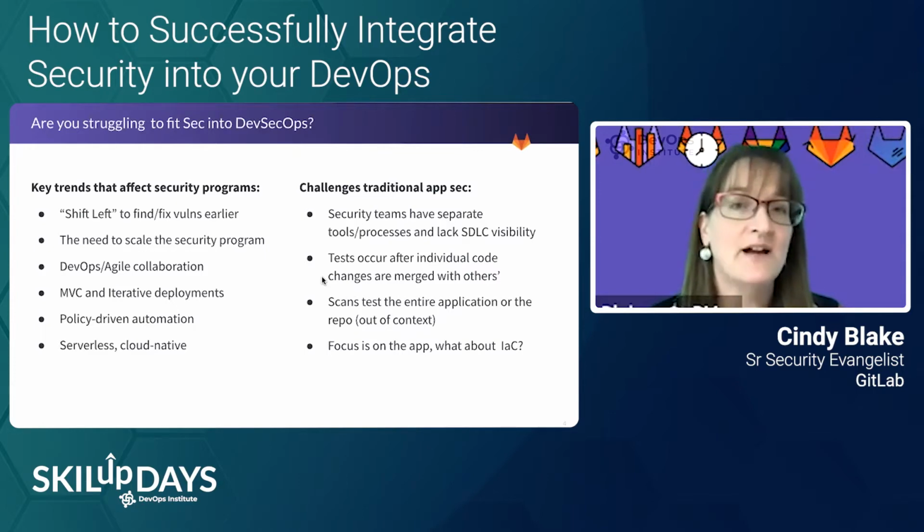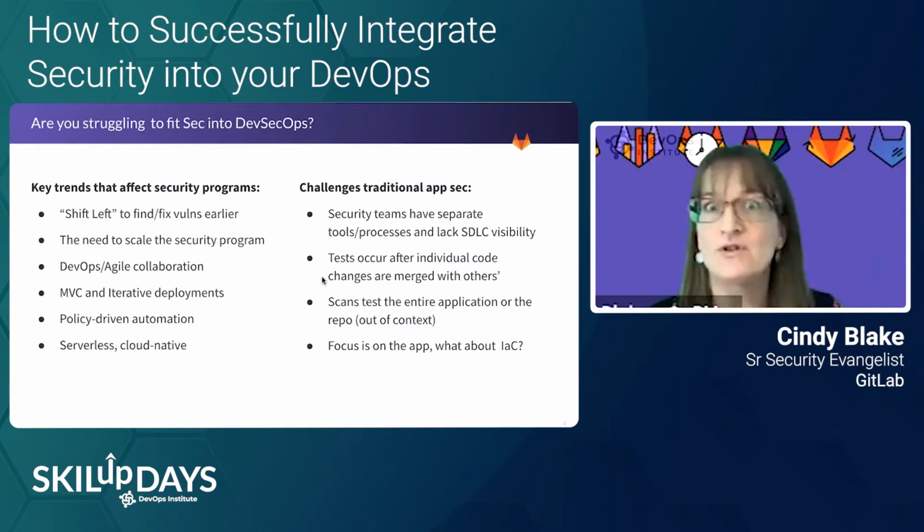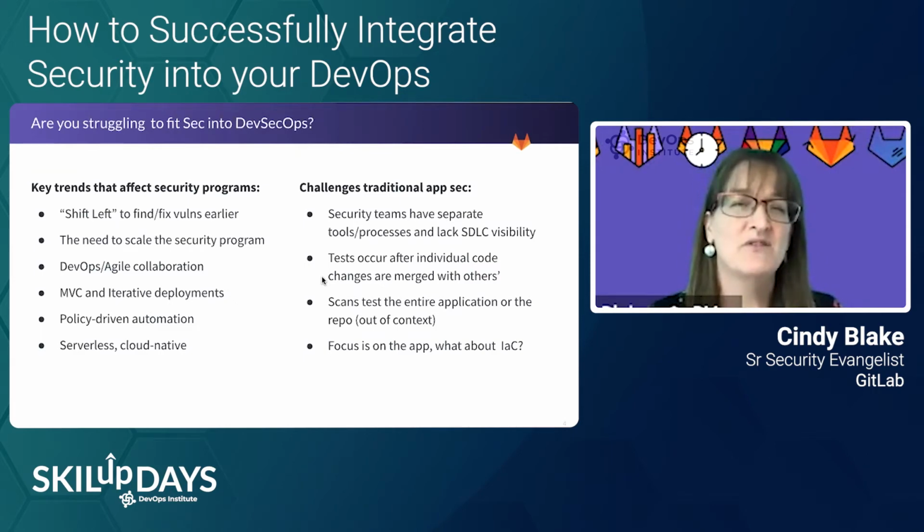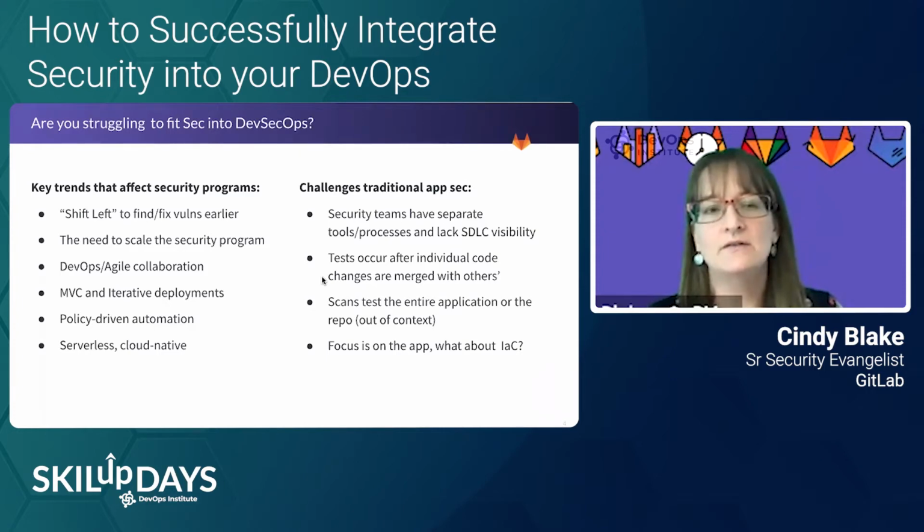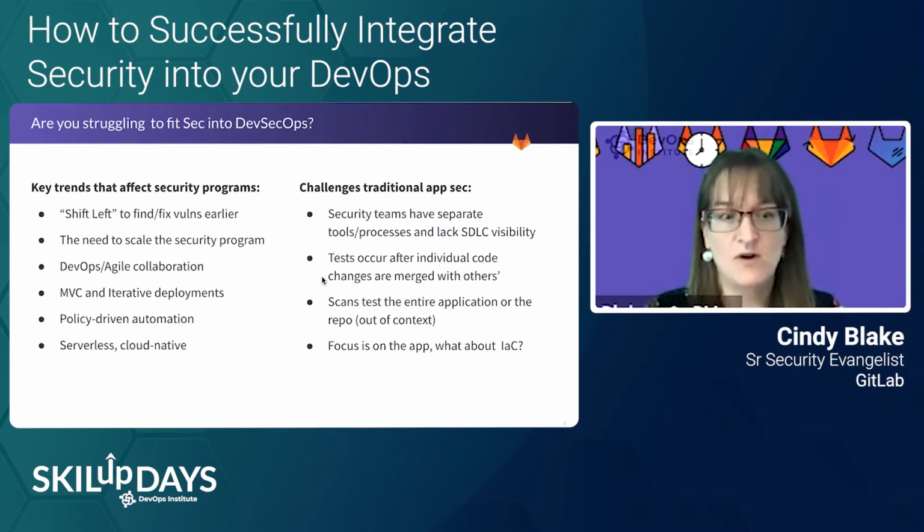DevOps is by nature agile and iterative, and security isn't. So it's a bit of a square peg in a round hole problem. You've got policies that need to be automated. So it's one effort to scan the code looking for vulnerabilities, but you need to automate what happens when you find them as well. And then on top of this, newer cloud native applications bring with them whole new attack surfaces.